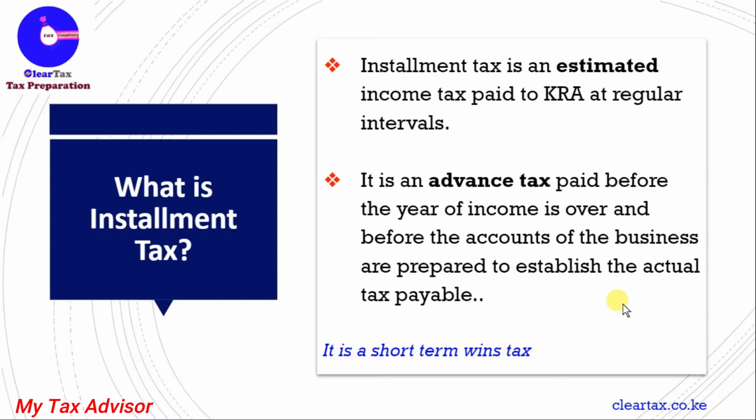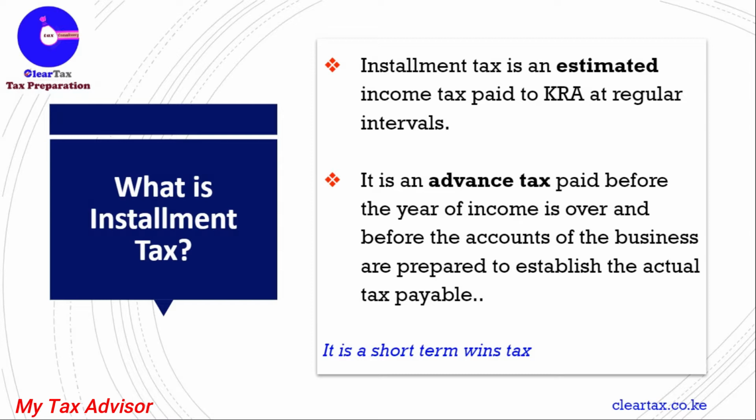So here's what happens. You give a deposit in terms of taxes. So you'll be depositing some money with KRA. This money is specified under the law on how it should be computed. And then you're telling KRA, this is a deposit that I'm giving you.